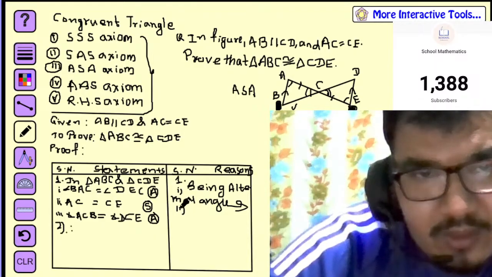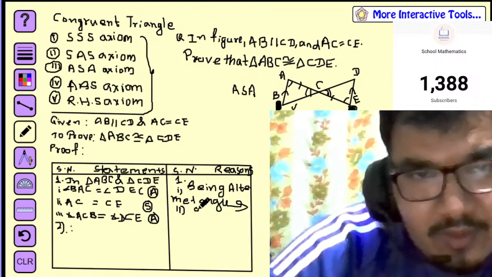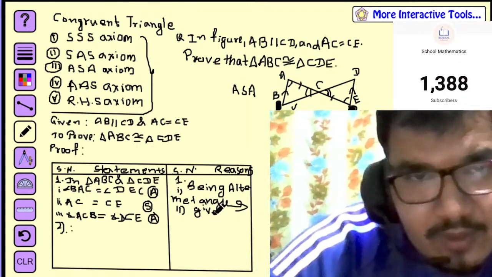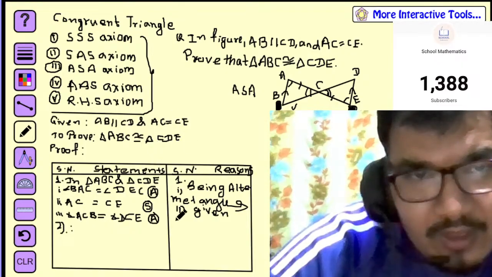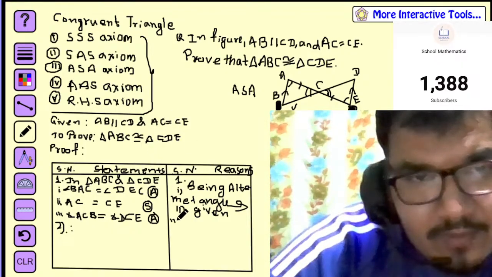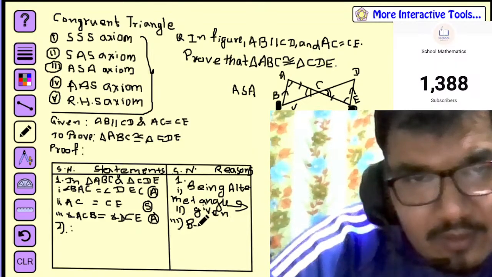Number two reason is, it's already given equal. It is already given in the question, these two sides are equal. And number three reason is alternate angle.